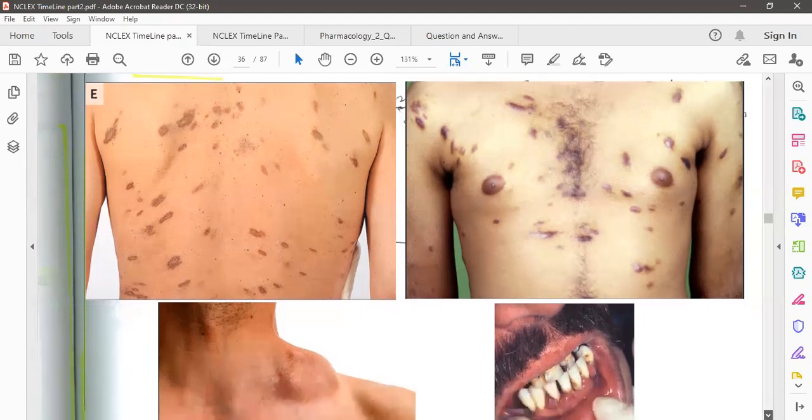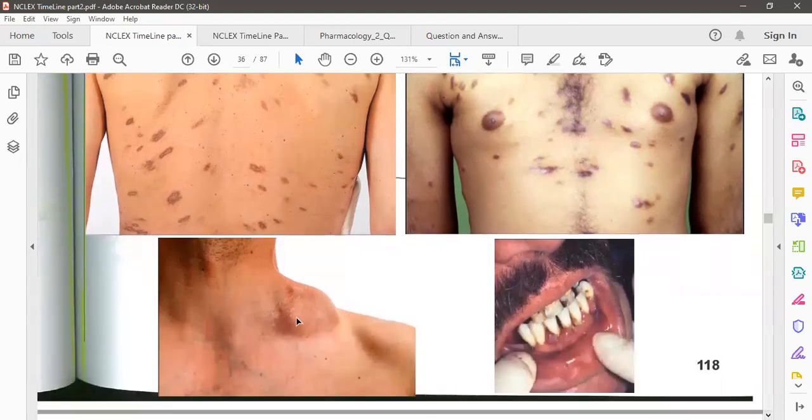And last picture here, we can see non-Hodgkin lymphoma, right? So malignancy has been detected in approximately 40% of all patients with acquired immunodeficiency syndrome.